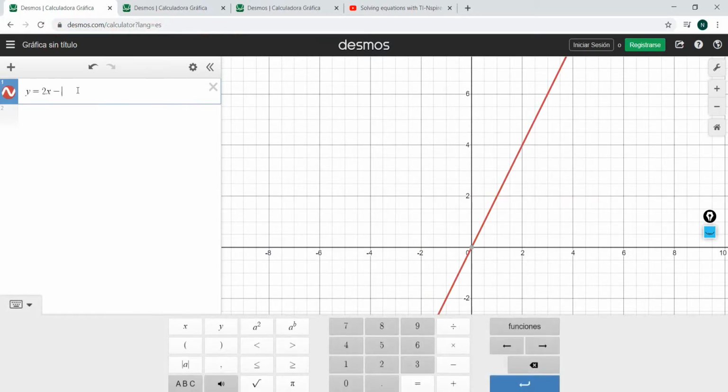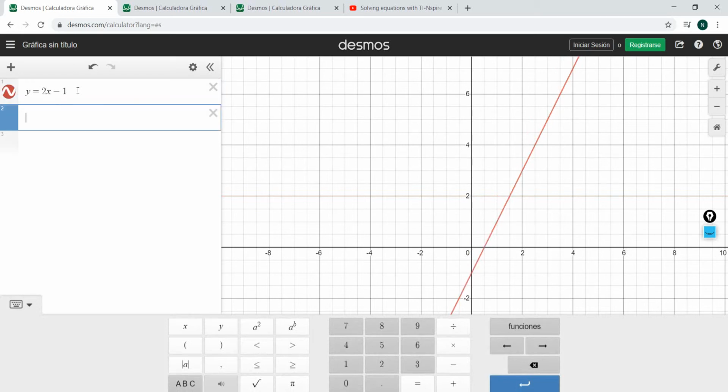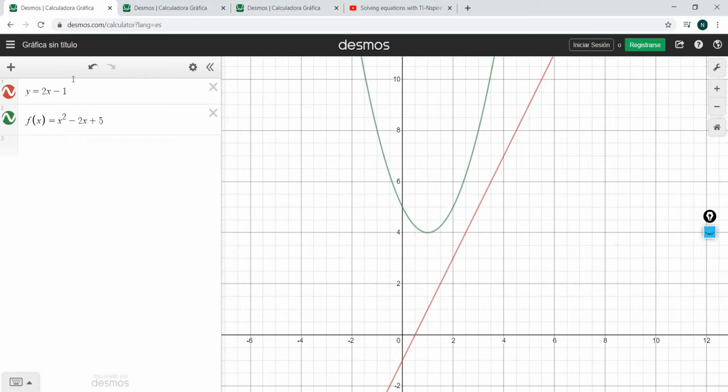Say, y equals 2x minus 1, or any function, f of x equals x squared minus 2x plus 5, anything. And the calculator gives you the graph of such equation in two variables or such function, you see?